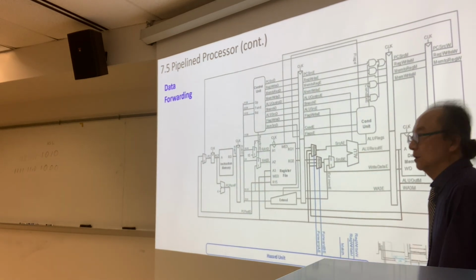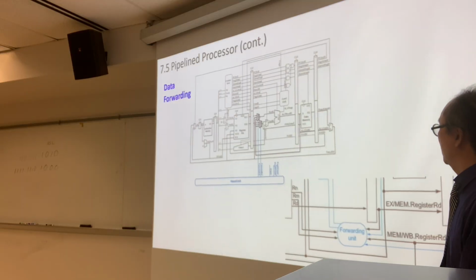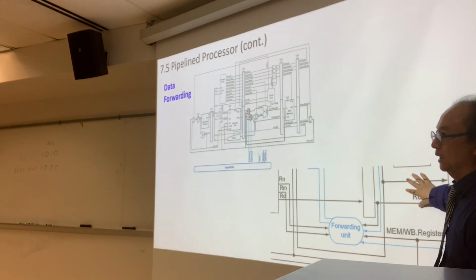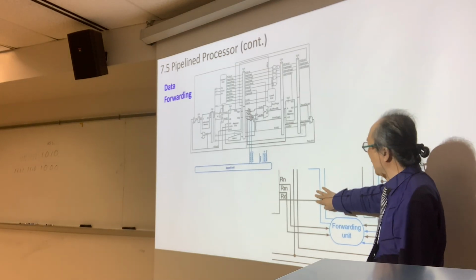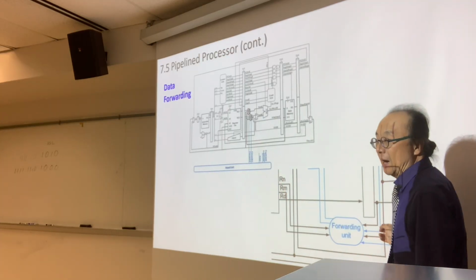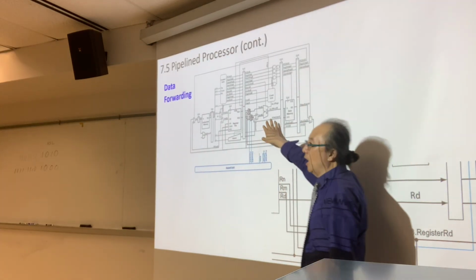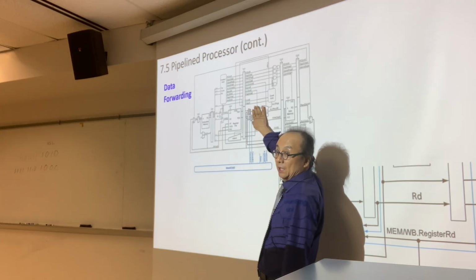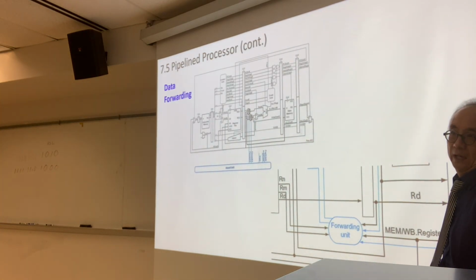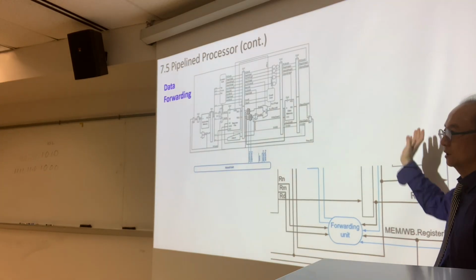Inside of this hazard detection unit, we have this forwarding unit. So compare RD in here versus compare RD within this stage. And if they do match, that means we need to update the new value into the EX stage. If they don't match, we don't have to take any actions because there's no hazard.